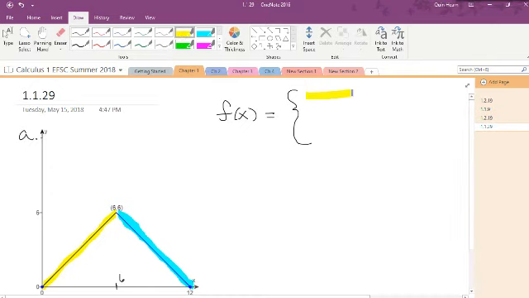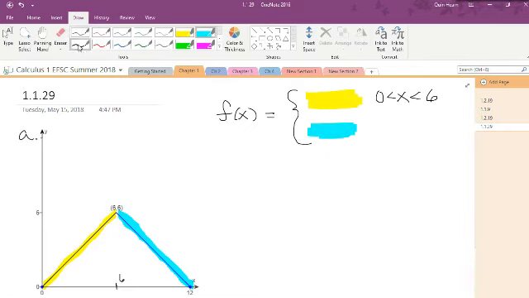The yellow rule will happen when x is between 0 and 6. And the blue rule is going to happen when x is between 6 and 12.